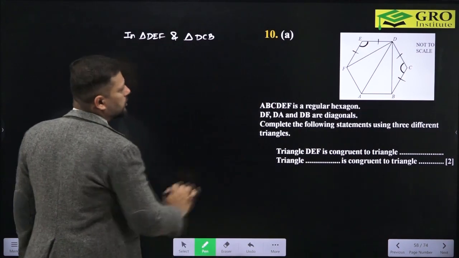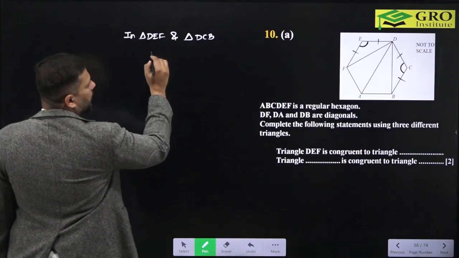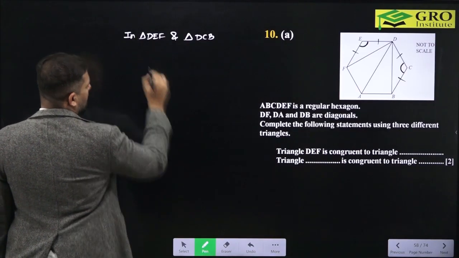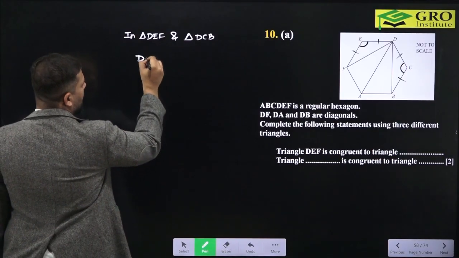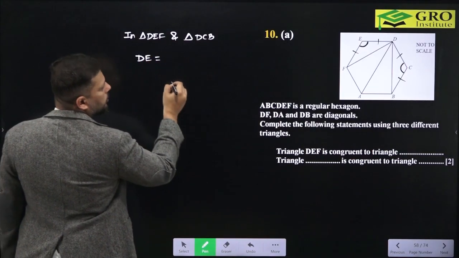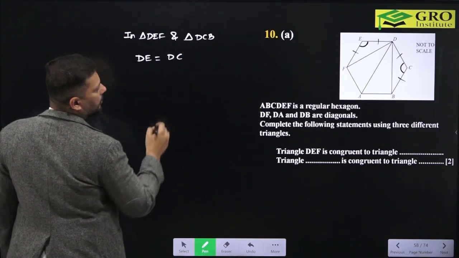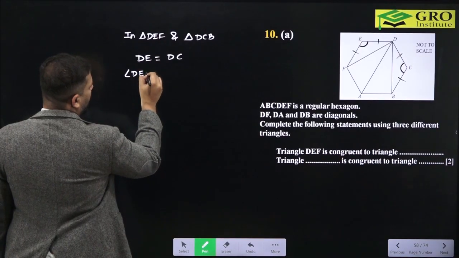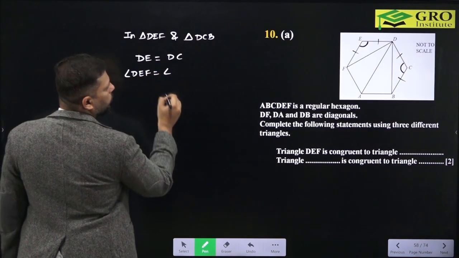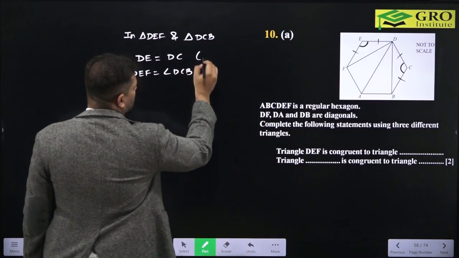So let us use this first of all. In triangle DEF and DCB, we are being given that the side DE is equal to side DC of the other triangle, and angle DEF is equal to angle DCB. What are the reasons? Let us also mention the reason.